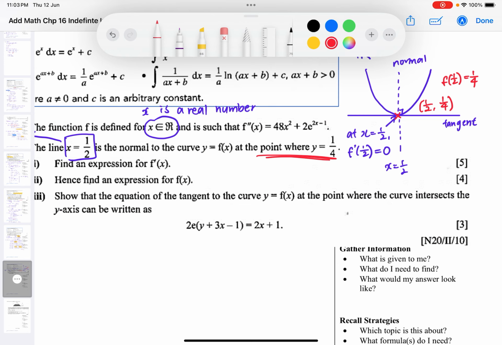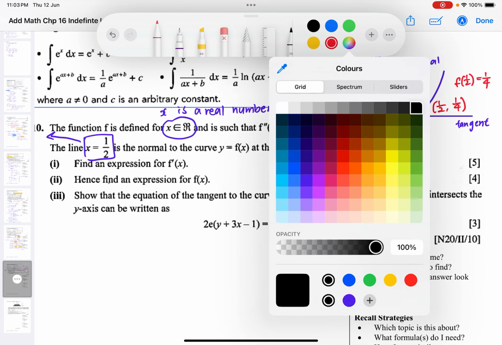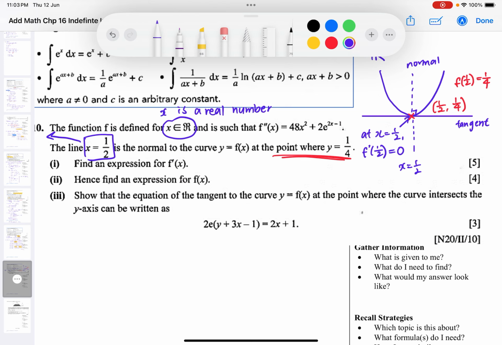When I sub in the x value to be half into the function, it should return me the value 1/4. So hidden in this sentence is so much information which you should be able to derive as you read the question. Now we can continue and solve the question.